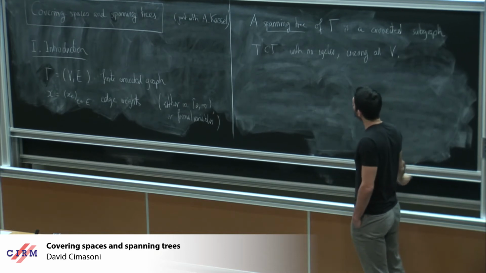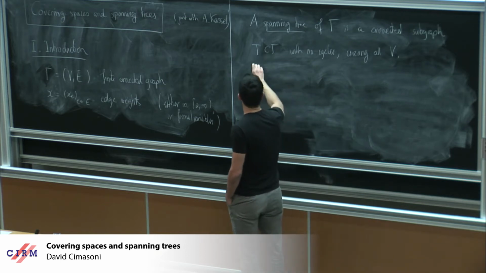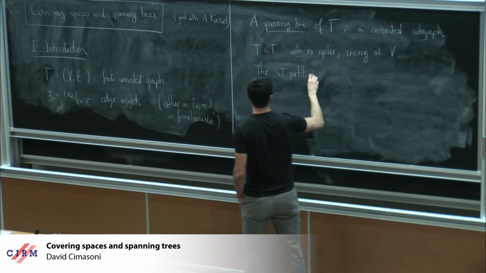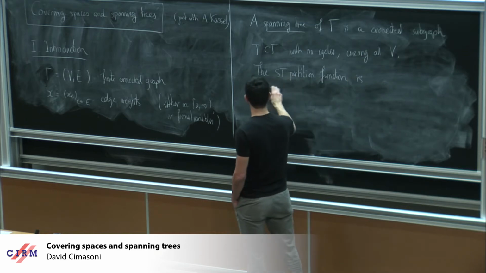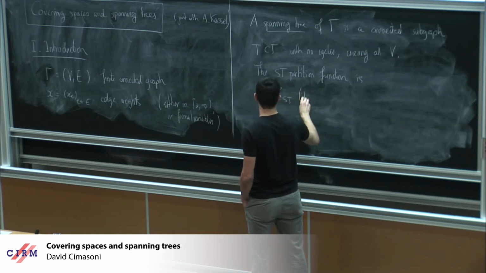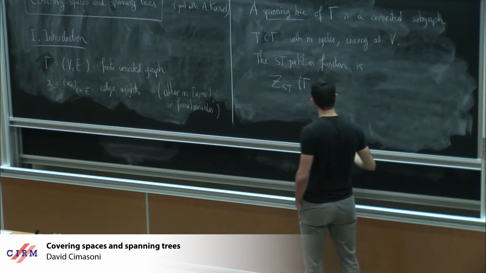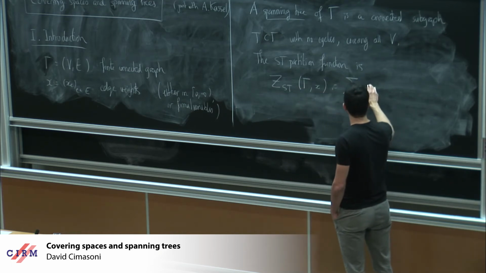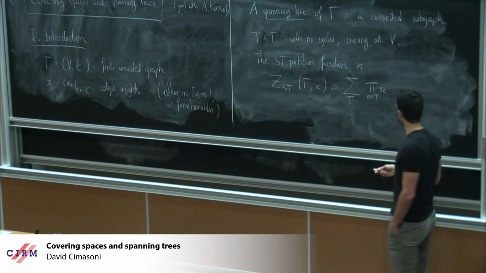And with this, you can build the associated partition function, the spanning tree partition function. I'm just going to denote it this way. It depends on the weighted graph, and this will be the sum over all such trees of the weight of the corresponding tree, and that is the product of the weights of all the edges in the tree. Okay?